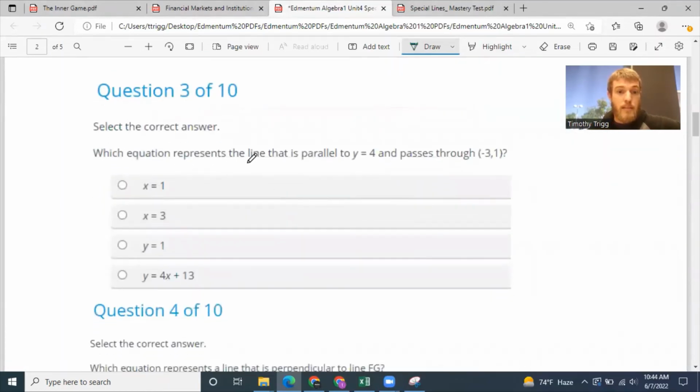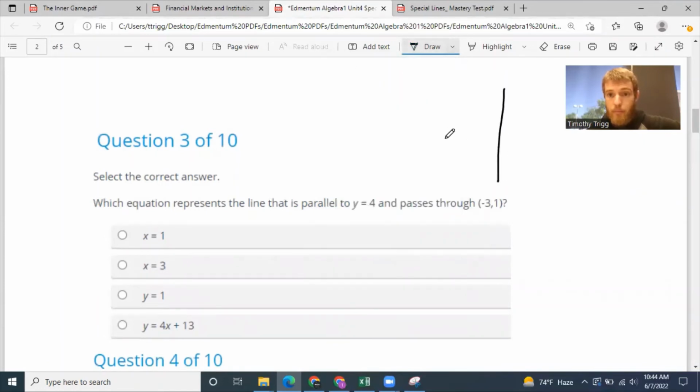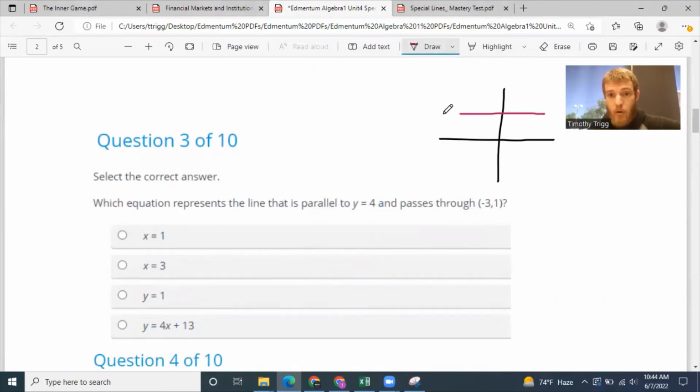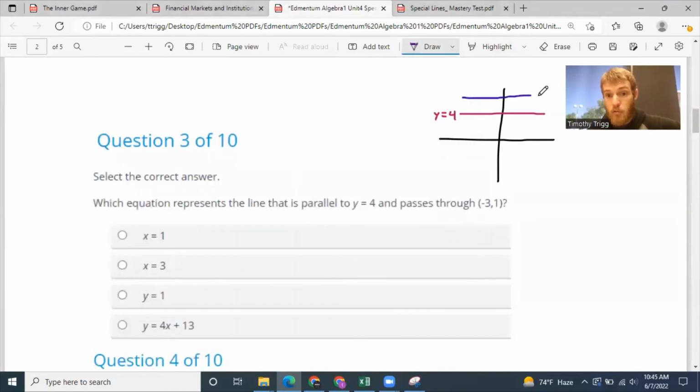Which equation represents a line that is parallel to y equals 4? Again, y equals 4 would be a horizontal line at 4. So this is, let's say at 4, y equals 4. If I want a line that's parallel to that, it would also have to be horizontal, so any parallel line would have to be of the form y equals something as well.